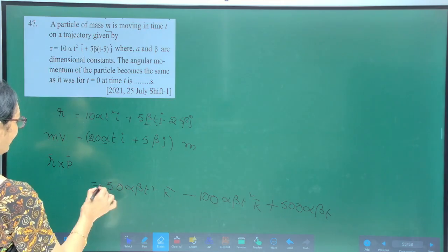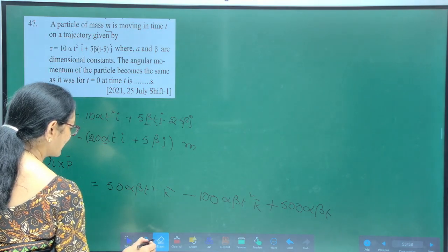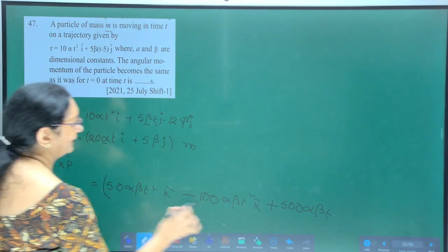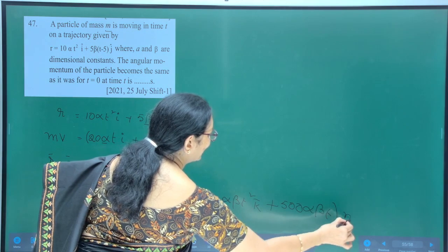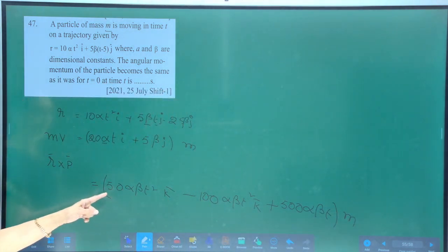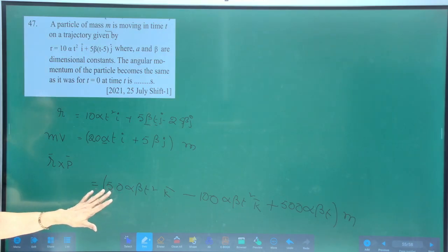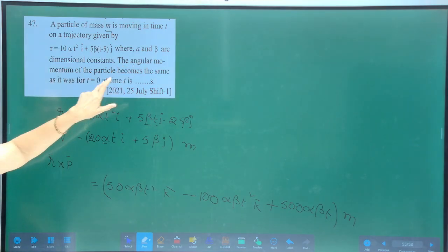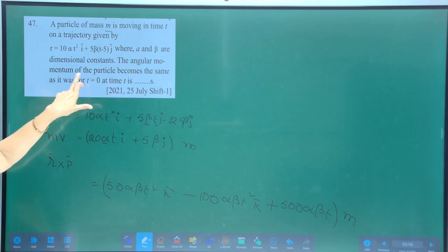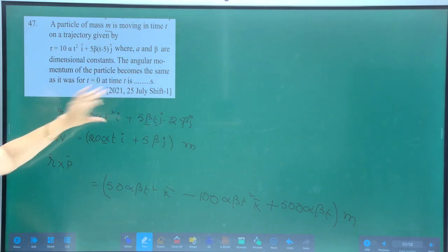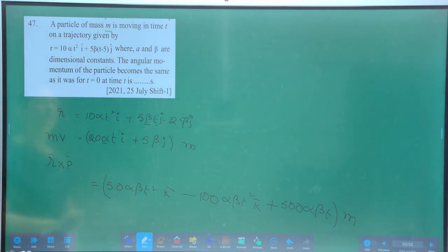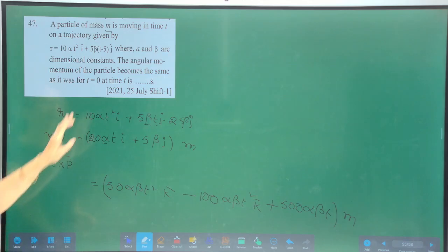This is multiplied by mass. So, actually the whole thing multiplied by mass gives us the angular momentum. This is the angular momentum. Is it okay till then? Now, read this sentence carefully: the angular momentum of the particle becomes the same as it was for t is equal to 0 at time t.